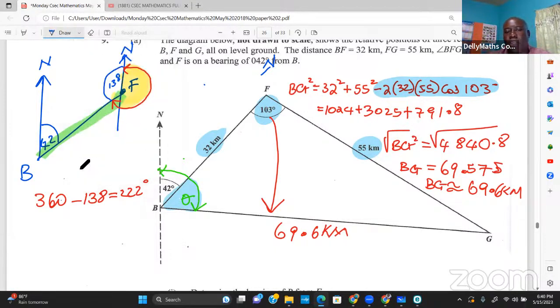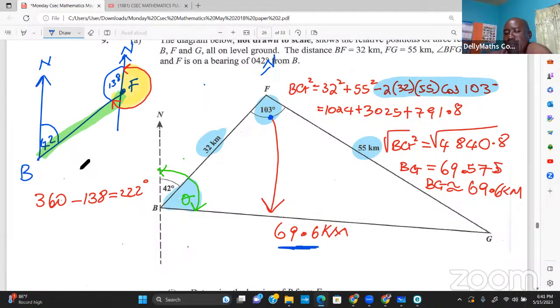What concept are we going to be using? Well, we're going to be using the sine rule now. It's a little bit safer because I'm looking at angles and opposite sides. Whenever I see that, I just use the sine. So I have 103 degrees and I have 69.6 opposite to it.